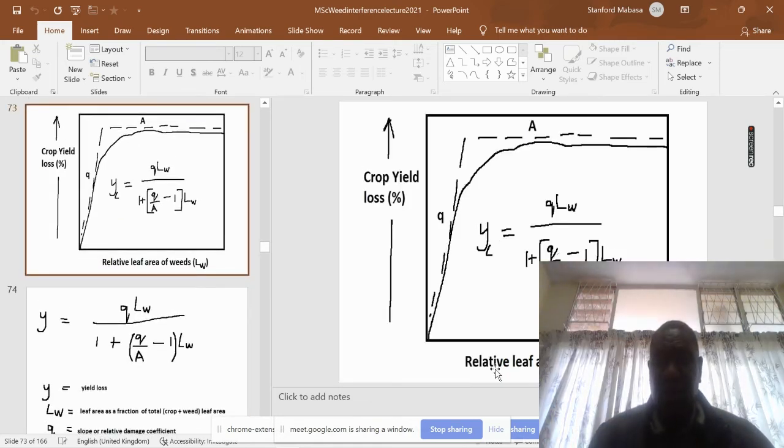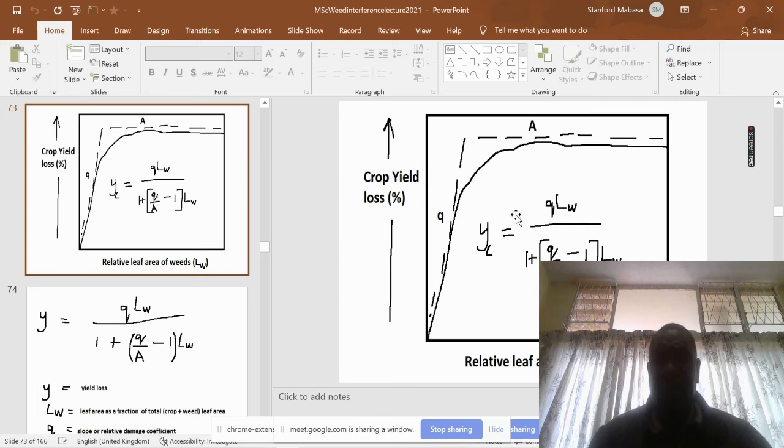So LW becomes here, and your crop yield remains there. But what only changes is the name of your slope because it's now a different thing, although talking about the same thing. It's the Q. You have a Q value and the A value. These become the parameters of measuring competitive ability of the weeds.